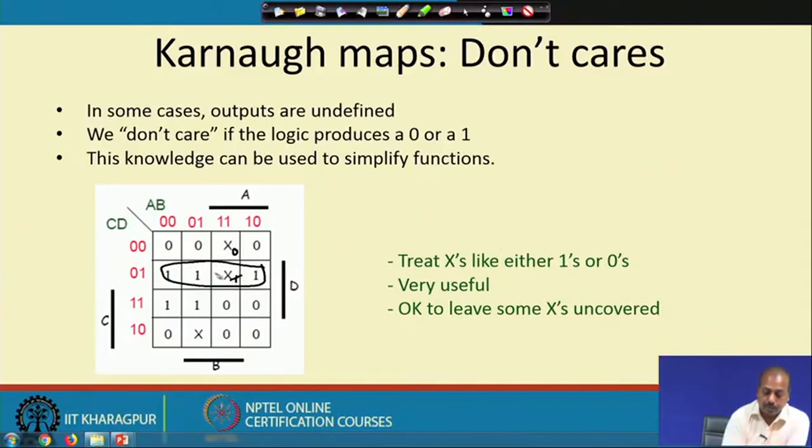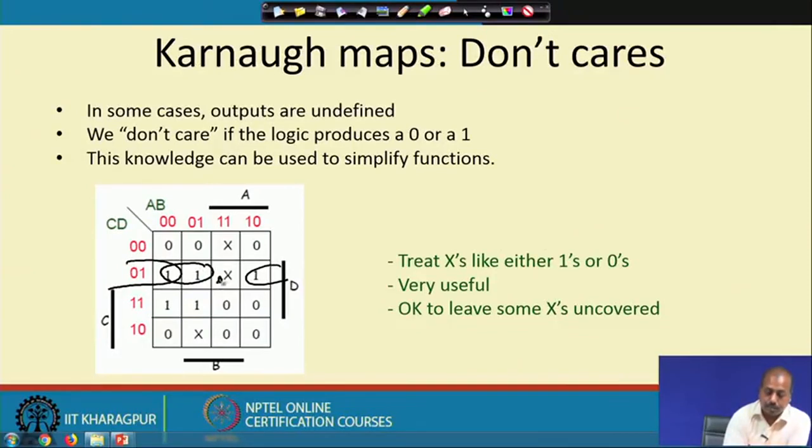But if I take this one as 0, I cannot make a quad. I have to do a pairing like this, or say these two.